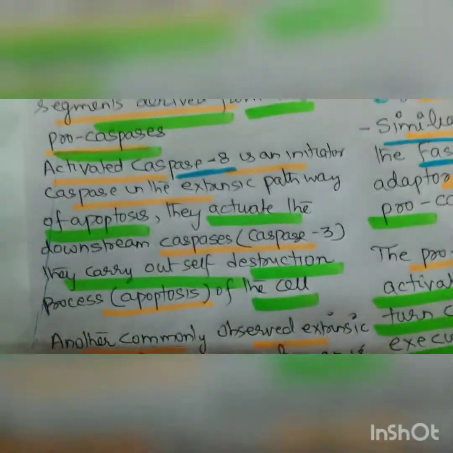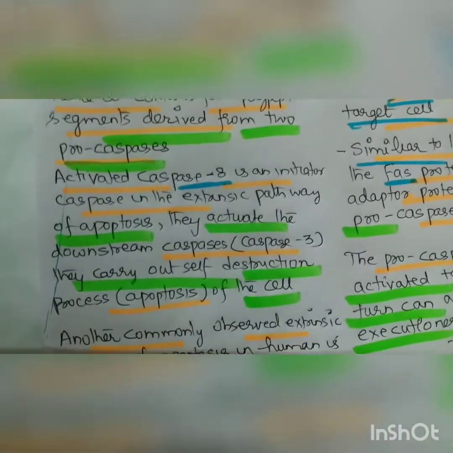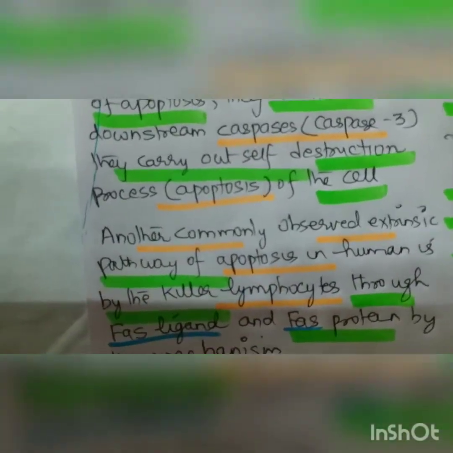But here it is active caspase 8, whereas in the intrinsic pathway it is caspase 9. They activate the downstream caspase 3 and carry out self-destruction and apoptosis of the cell.